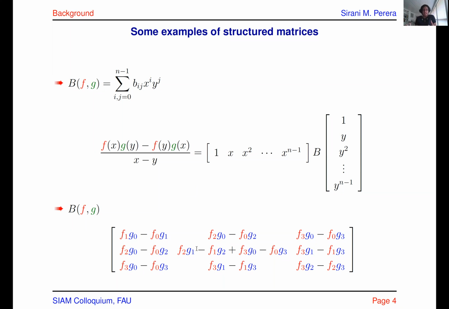And the other connection between the Bezoutian matrix and the Toeplitz and Hankel: if you invert this matrix, it can be seen as the T-Bezoutian, which has Toeplitz structure, or the H-Bezoutian, which has the Hankel structure that we have seen on the earlier page.